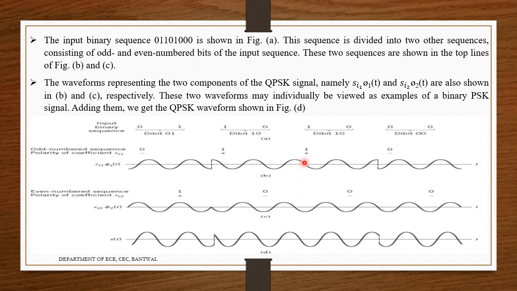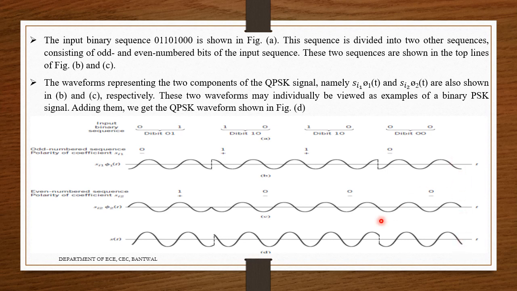Then you can see here 1 plus 0, 1 plus 0 here. 1 plus 0 means it will start from 0.5. The same thing continues here till here, and it will end at 0.5. And here 1 plus 0, 0.5.